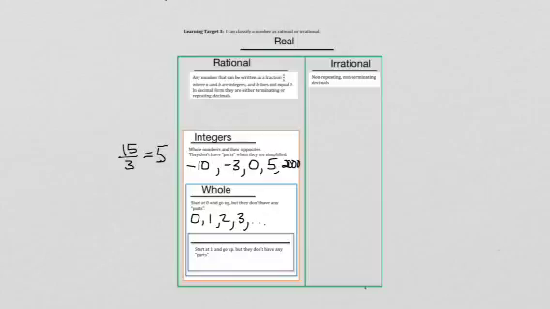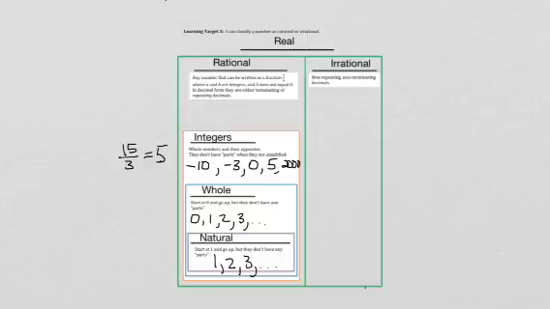And then in the purple box at the bottom there, these numbers are almost identical to whole numbers, but they don't include the 0. So they start at 1 and go up. 1, 2, 3, etc. So numbers that don't include 0, but don't have any parts and are only positive, we call those natural or counting numbers.